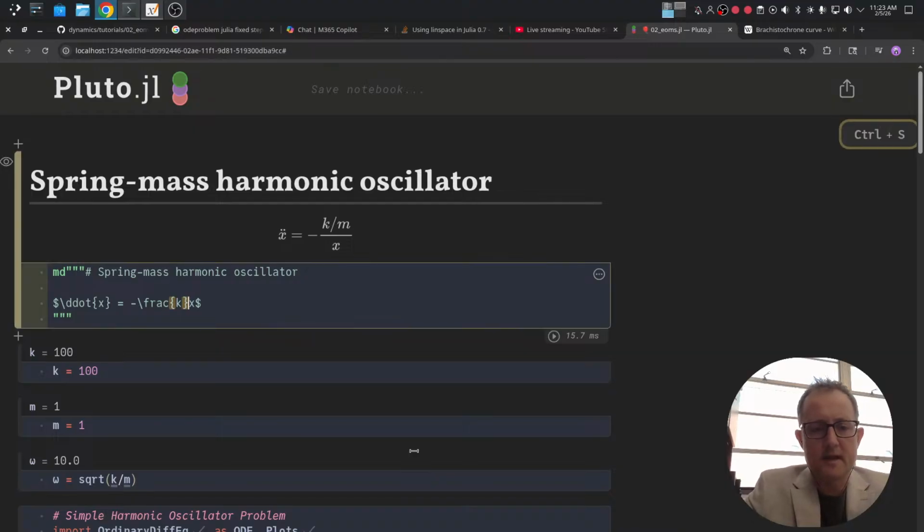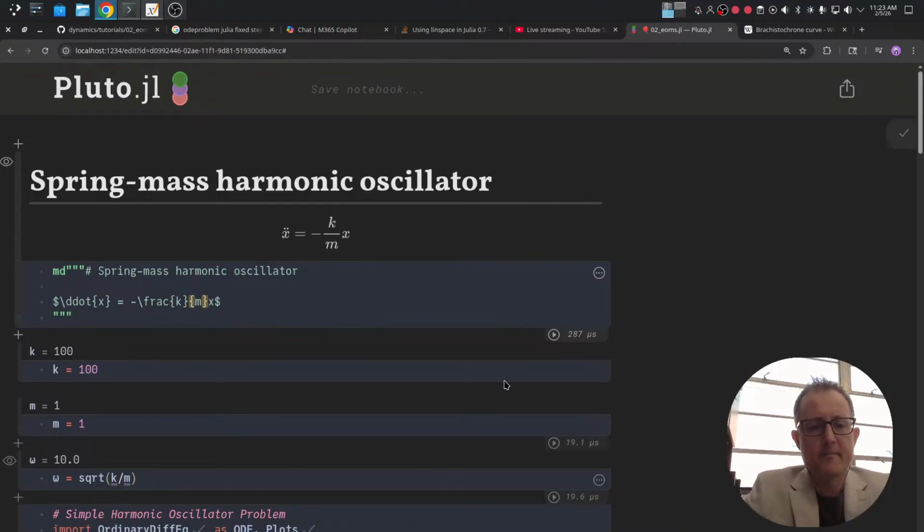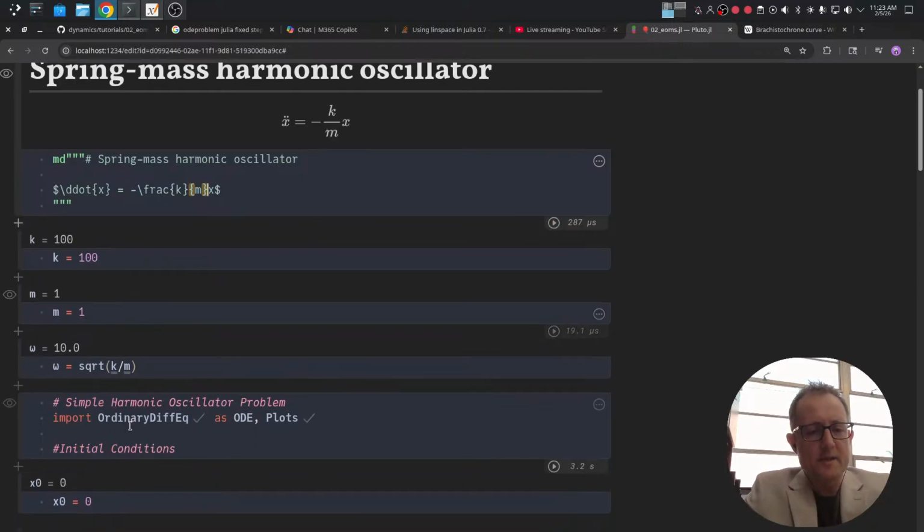I meant to do this, k and m. There we go. So here k is 100, m is 1, so omega, our natural frequency, is this.